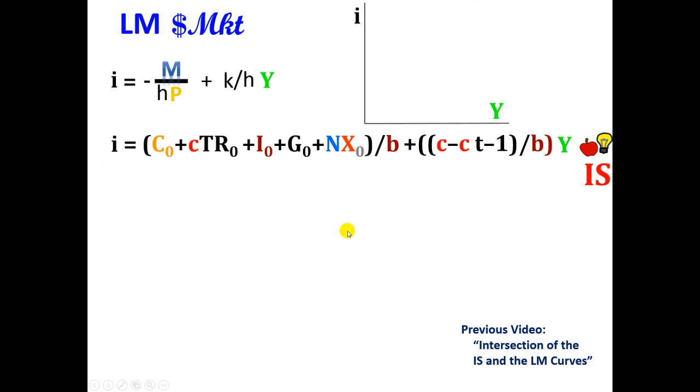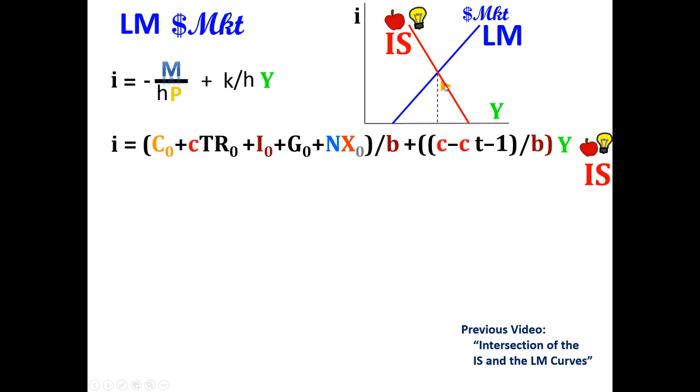Okay, in the video Intersection of the IS and the LM curves, we saw that for the LM curve this is the expression and this is the curve, and for the IS curve this is the expression where the Goods and Services Market is in equilibrium, and this is the curve. If we want to find the intersection, which represents the point in which both markets are in equilibrium, we have two equations that represent these two lines with two unknowns, interest rate and income.